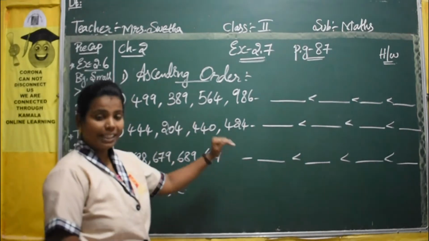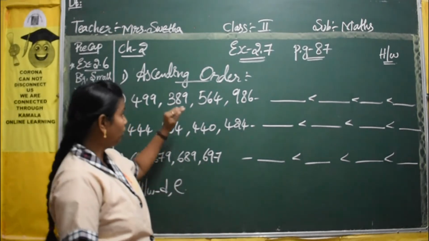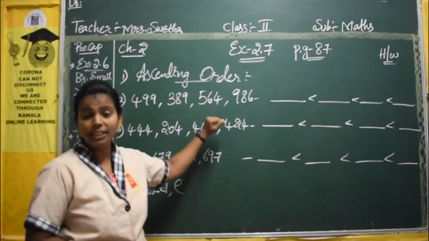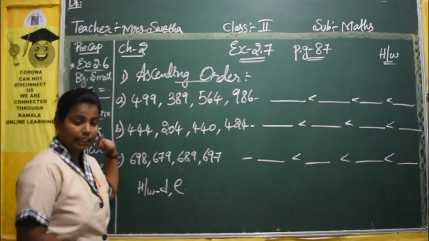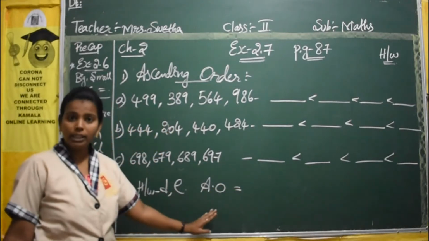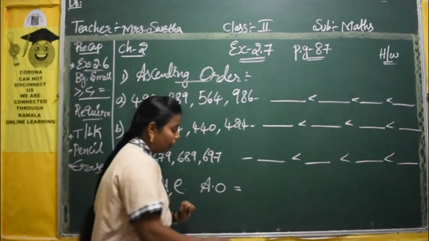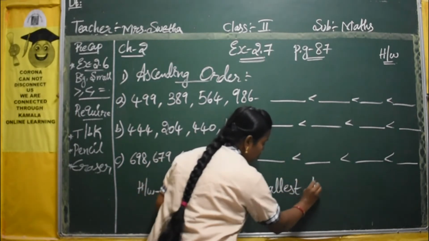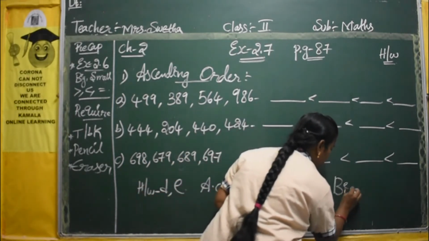Okay children, just now you have learned what is ascending order and what is descending order. So here you have to arrange these numbers in the ascending order. Ascending order means what? Tell me what ascending order means. Ascending order means you have to arrange the numbers from smallest to biggest number.